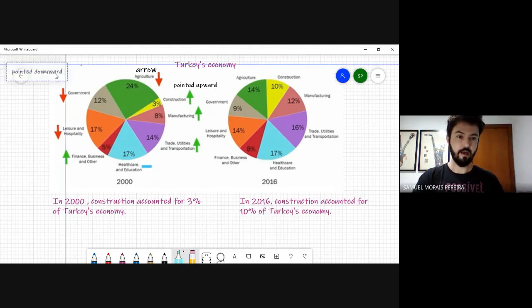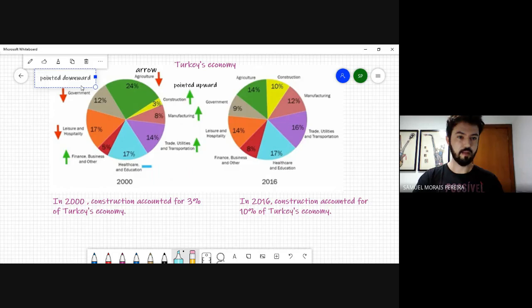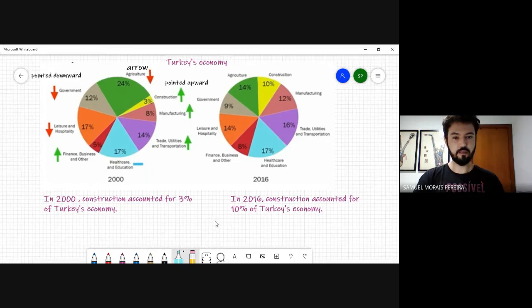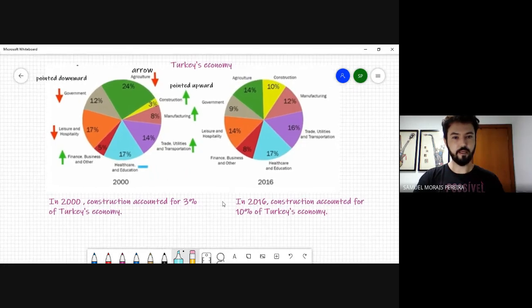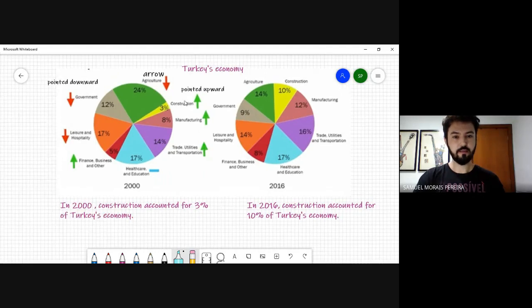So, here I have this one pointed downward. So, why are they here? They are showing you that, for example, constructions, when we compare Turkey's economy in 2016 to 2000, we can see that there was an increase in this sector.